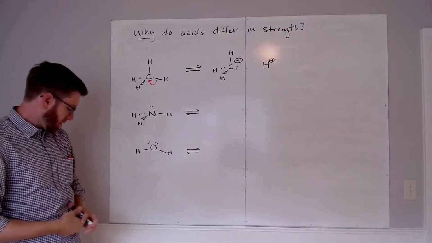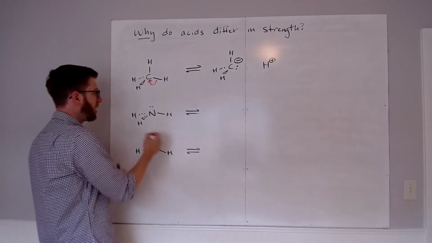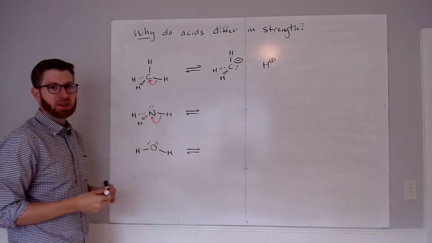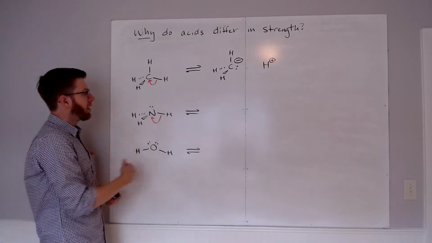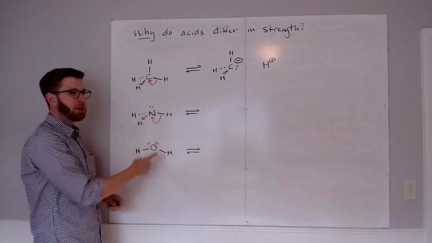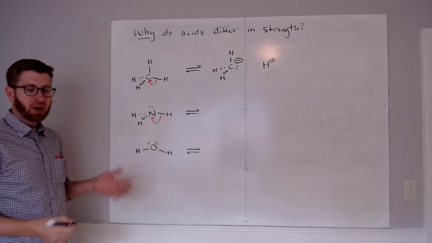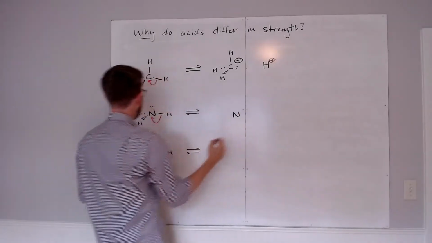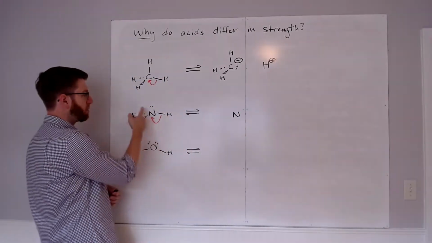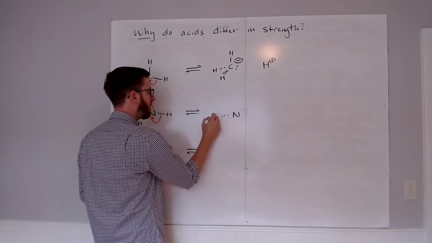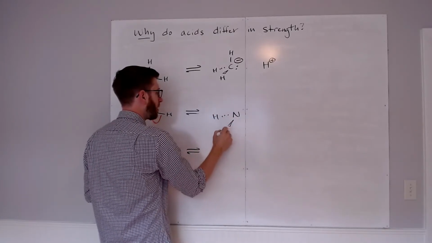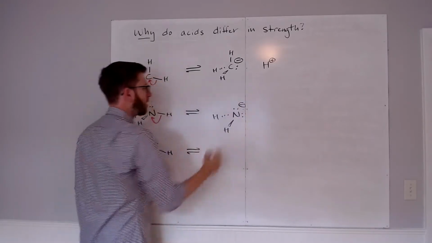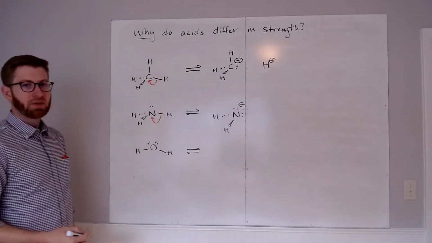I can do the other two acids in the same fashion. It doesn't matter which hydrogen you pick. I'm just going to use the one on the right because it's convenient. The pattern is the same: any acid is going to lose a hydrogen and gain electrons from whatever bond was to that hydrogen. So here I'm going to have a nitrogen with now two lone pairs; ammonia has one to begin with. This nitrogen is going to be formally negatively charged.